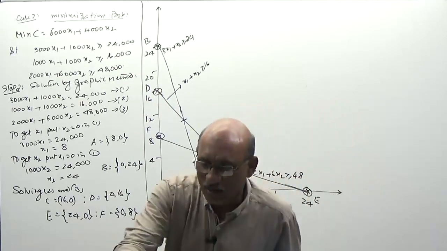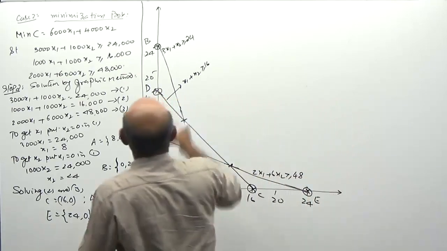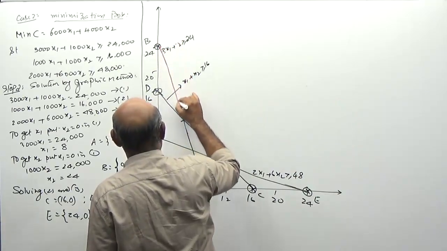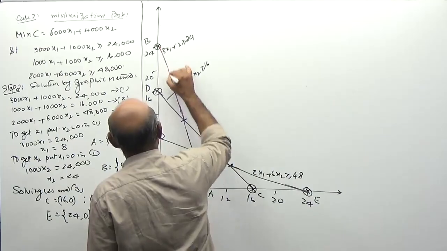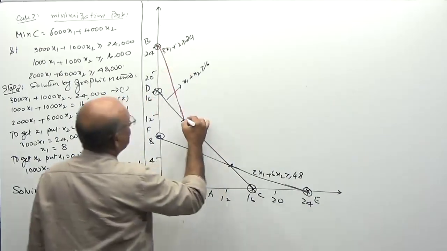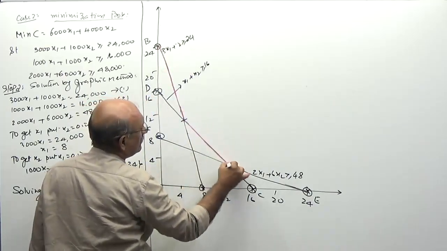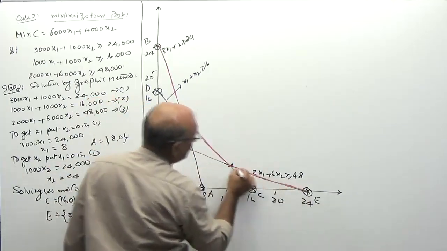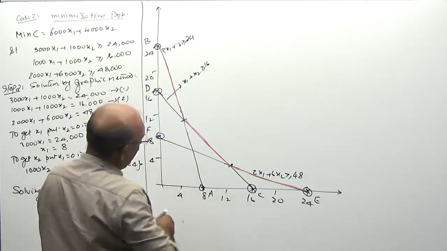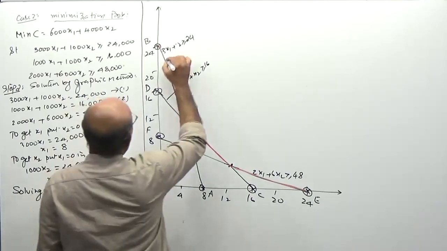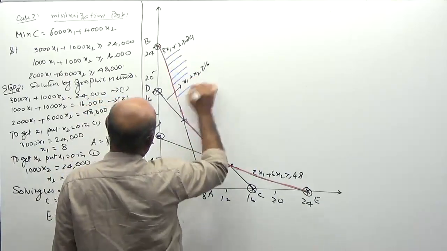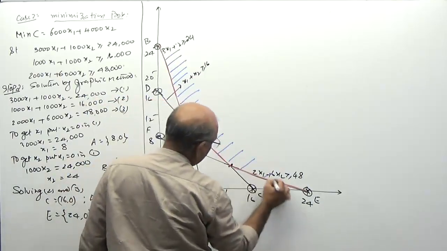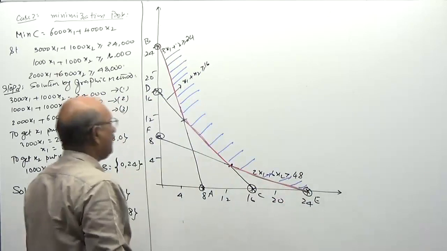Above the line means this area is common. So feasible area is this one. This is my feasible area.